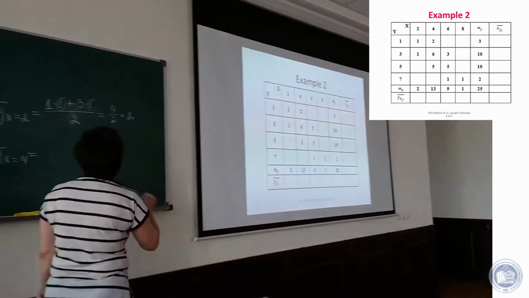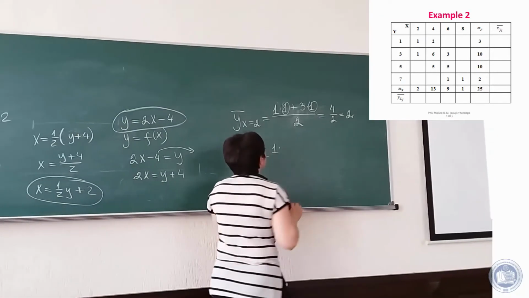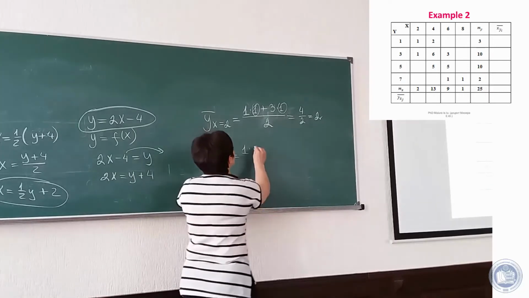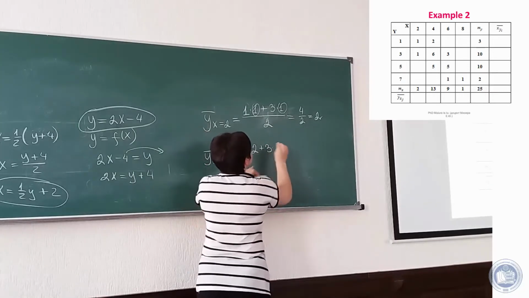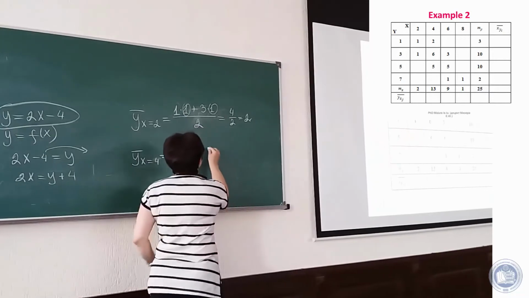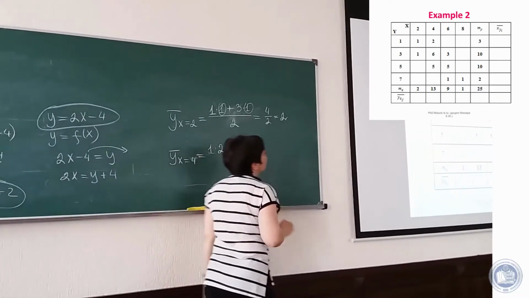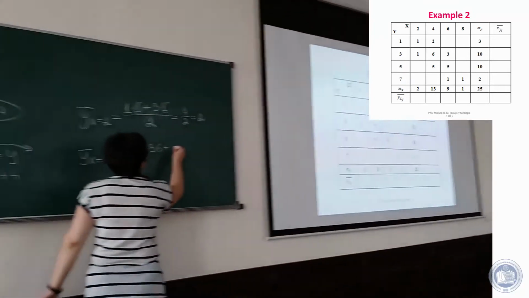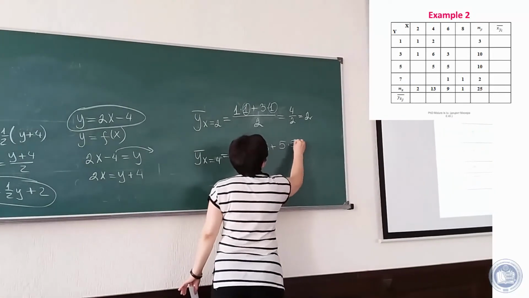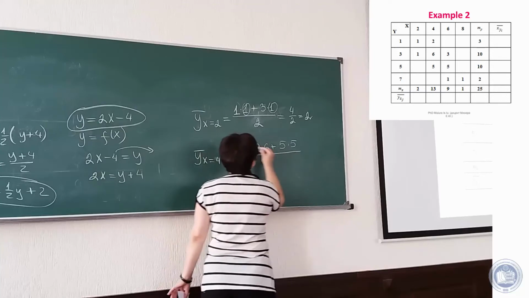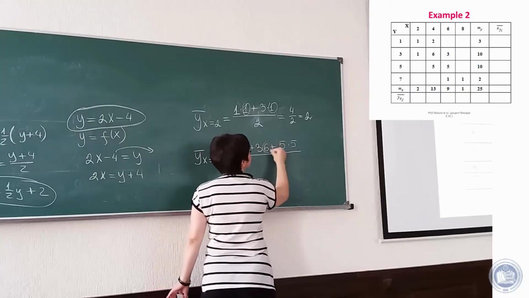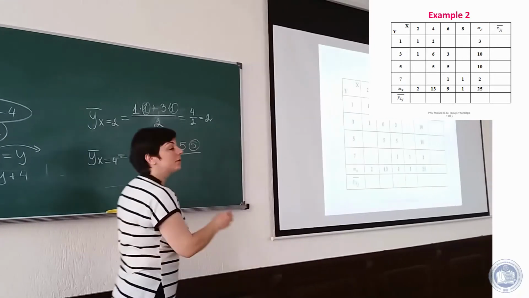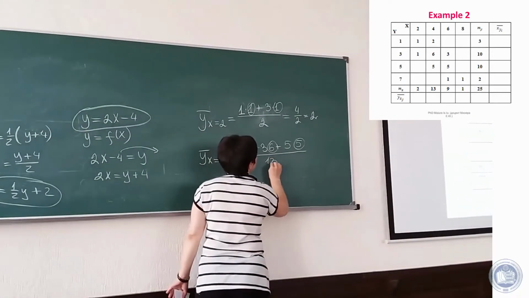Okay, let's take y equals 1. How many times? 2. Okay. 3 is repeated 6 times. Okay. And 5 is repeated 5 times. Okay. 5 times 5. And divided by the total number, 2 plus 6 plus 5. Yes. And this number equals 13.